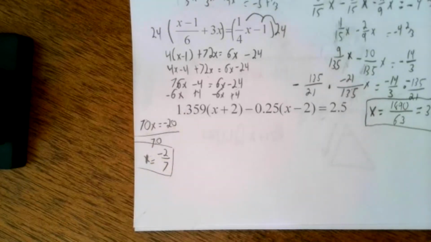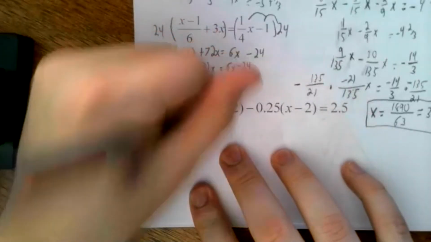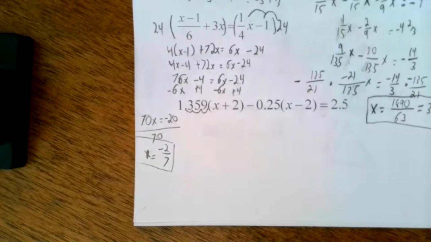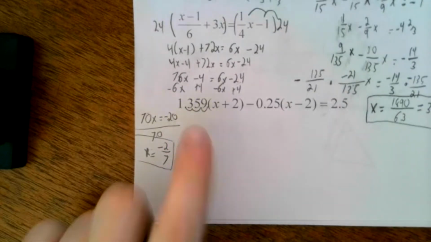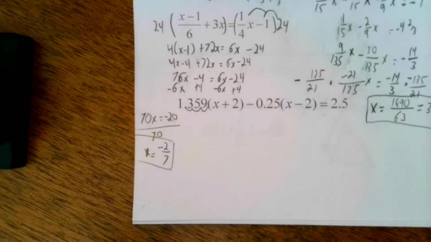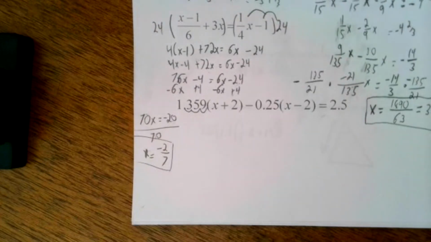So to get rid of that, I move this decimal place 1, 2, 3 spots. I can do that by multiplying it by 1,000, right? So I'm going to multiply both sides by 1,000 to make sure that I don't have to worry about any decimals in this problem.